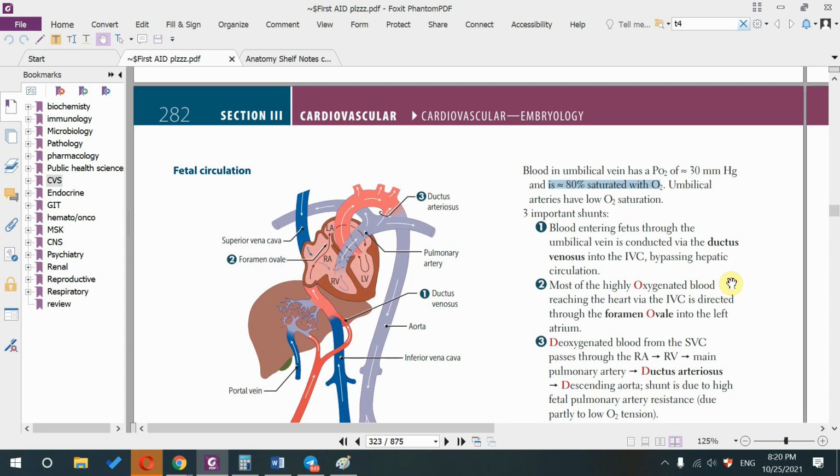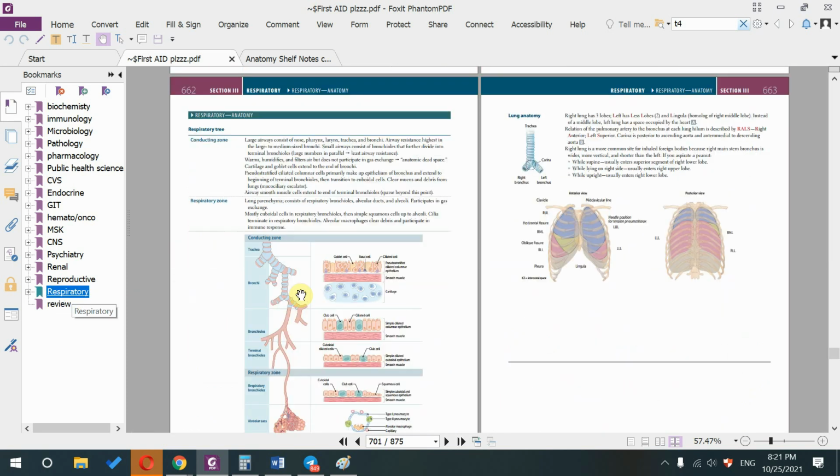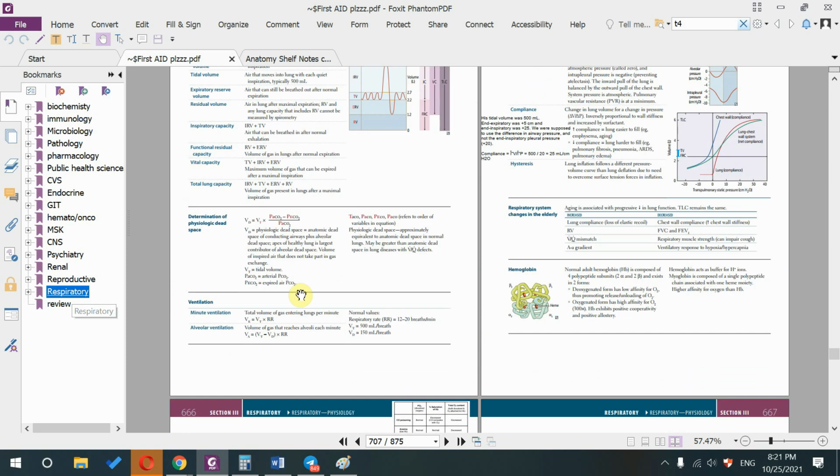How come? Well, the baby's circulation has a different type of blood. They have fetal hemoglobin. Fetal hemoglobin has such a high affinity for oxygen that it grabs oxygen even if the saturation of oxygen was low. I want you guys to remember the oxygen dissociation curve.